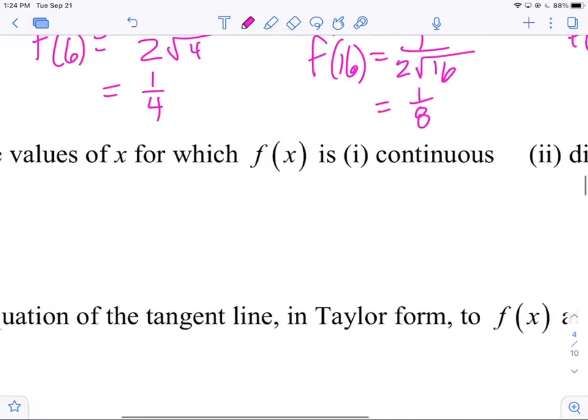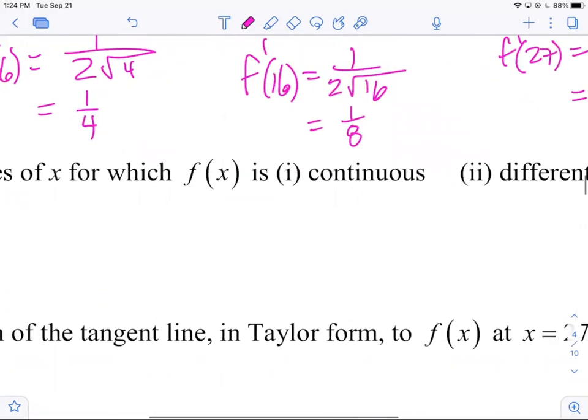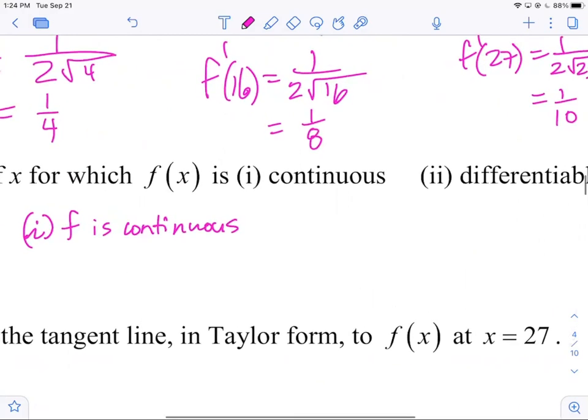So we'll say in a complete sentence, part I, f is continuous. Do you want to use math symbols or words? Well, that's for there exists. This was the upside down A. F is continuous for all x greater than or equal to 2.